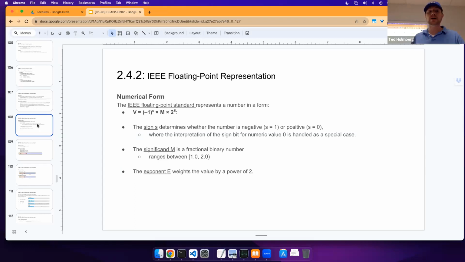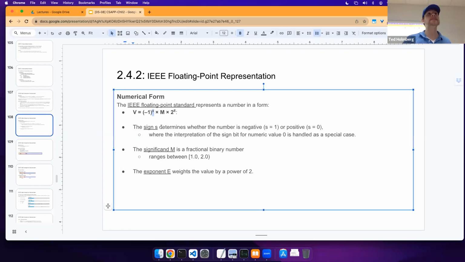We have our sign bit, S, which is an exponent on the value of -1. If s is 0, then that term becomes 1, because anything to the power of 0 is 1.